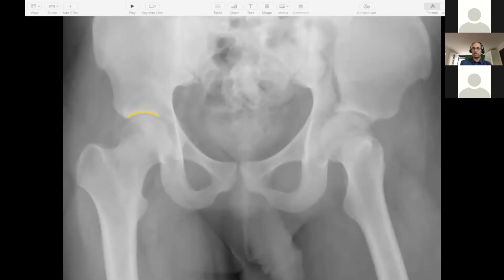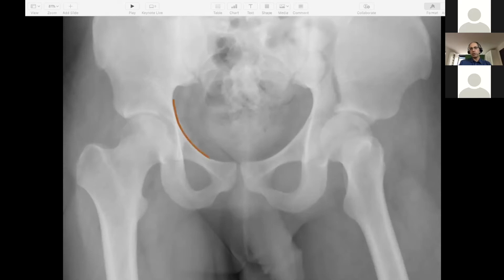The first is the sourcil, which we consider to correlate with the weight-bearing dome of the acetabulum. We also have the acetabular wall. So you have the anterior wall, which lies a little bit more medial, unless the patient has acetabular retroversion, to the posterior wall. And you can see both of these lines on an AP radiograph.